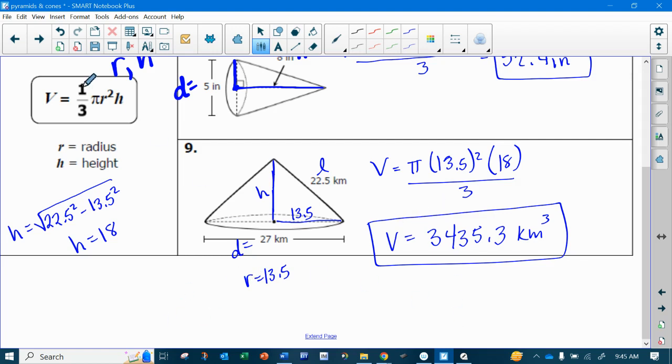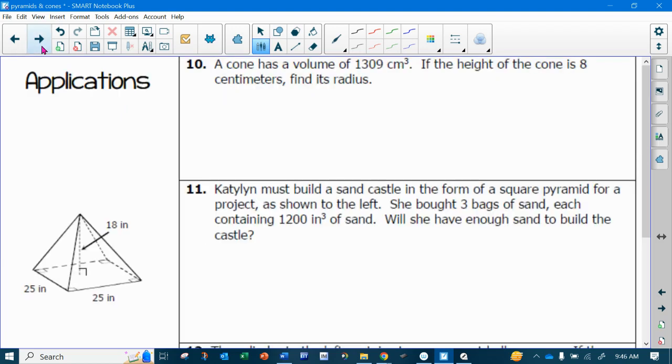All right, so let's look at one where we're going to work backwards. Here they're telling me the cone's volume is 1309. I know the volume of a cone is pi r squared h divided by 3. So that is the formula that I'm going to need because they're giving me the volume and h. I need to find the radius.